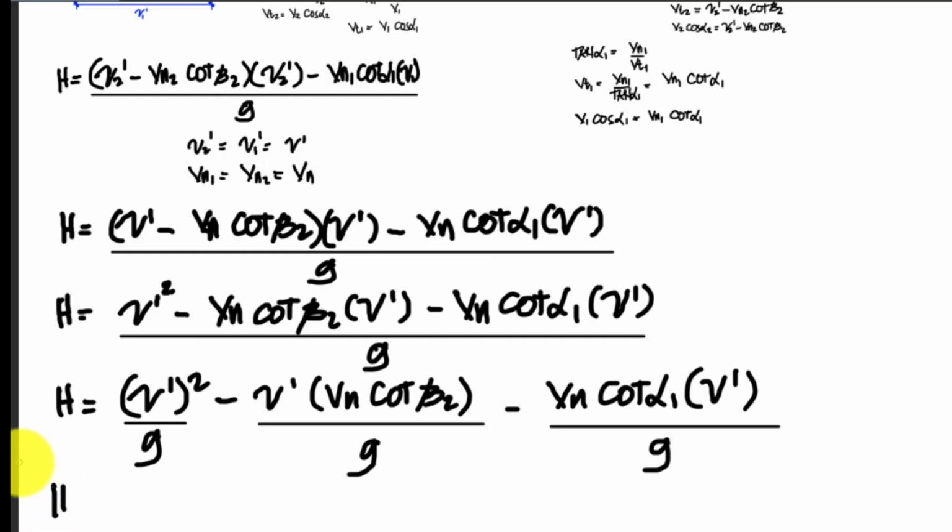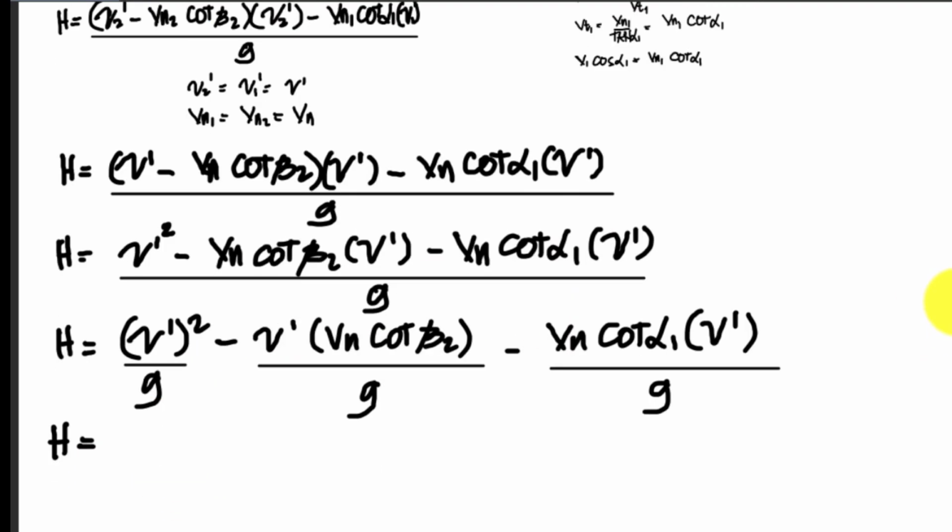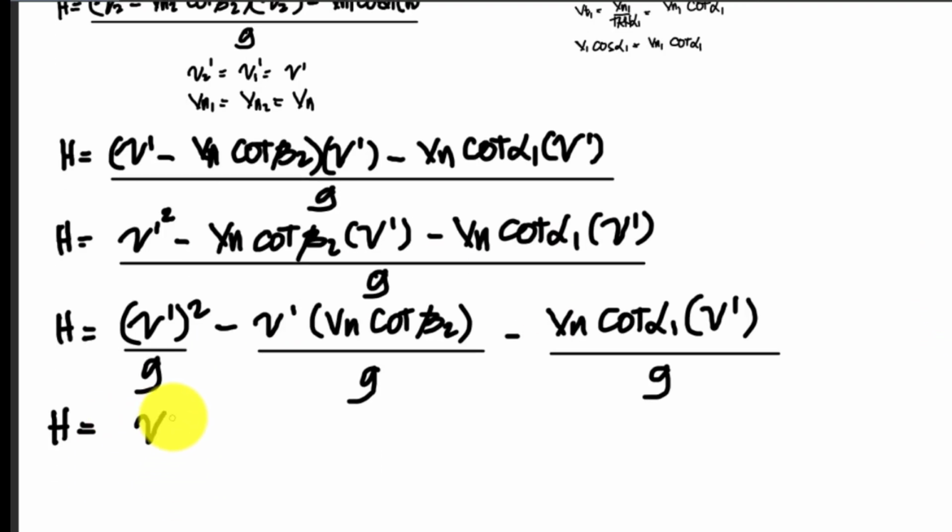So finally, we can factor this one. So we have the head, that will be velocity of the vane squared, and this is all over the gravity. And we can factor here the common terms, the velocity of the vane and also the gravity.